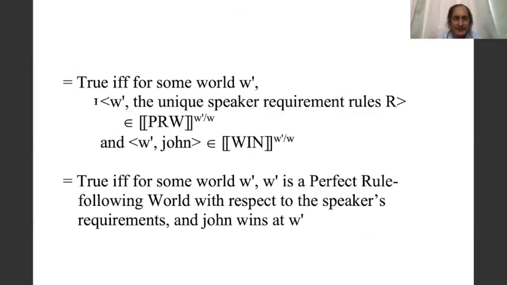And so we're going to end up with something that's true if and only if for some world W prime, the pairing of W prime with the unique speaker requirement rules R is one of the pairings that follows, which gives you a perfect rule following world. And that pairing of W prime with John gives you something that is in the denotation of win.